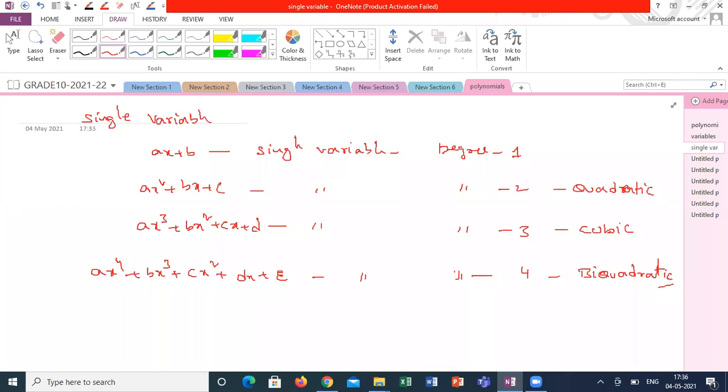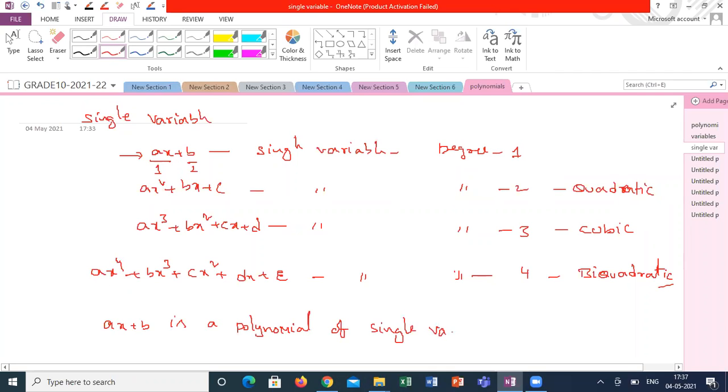See, this is the first term, this is the second term, so it's a polynomial. ax + b is a polynomial of single variable with degree 1.